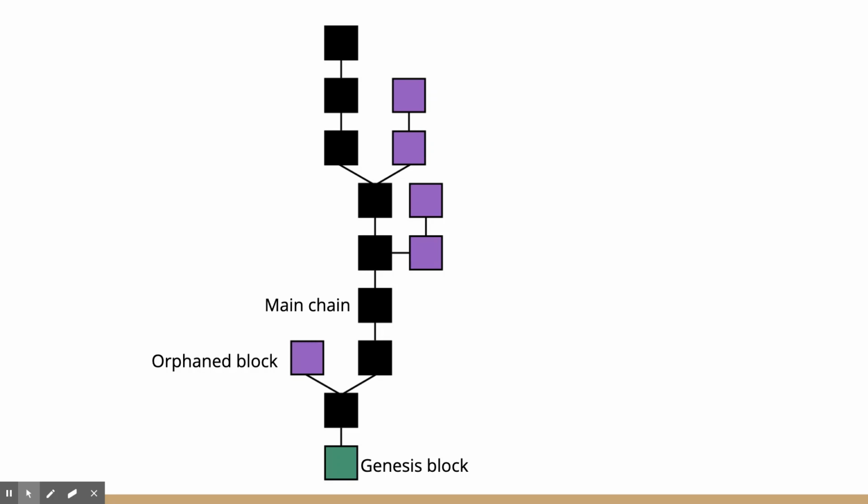So if it happens to be the case that two miners created a block at the same time, then the main chain is the chain with the most proof of work. And at this point in time, when there are two blocks, the proof of work is the same.